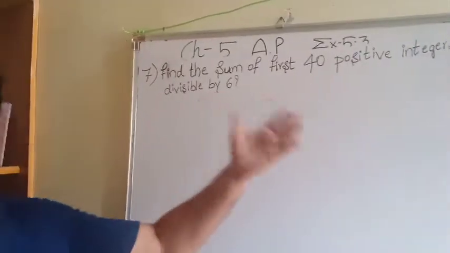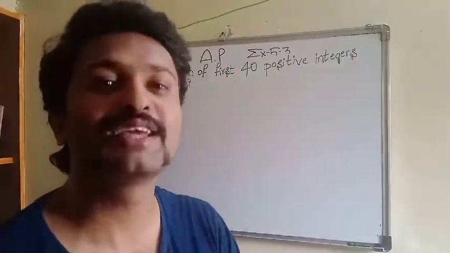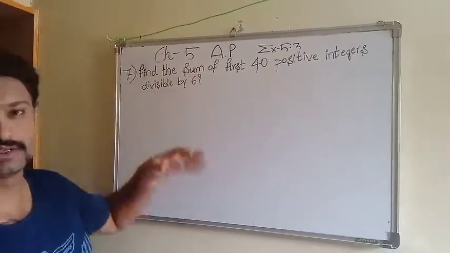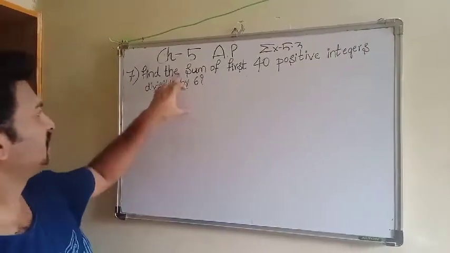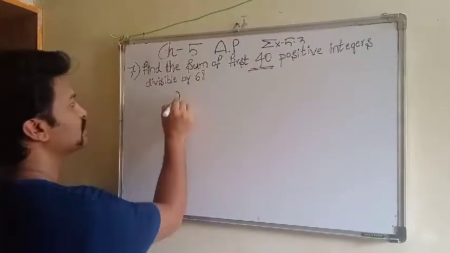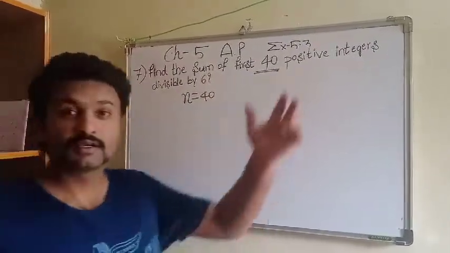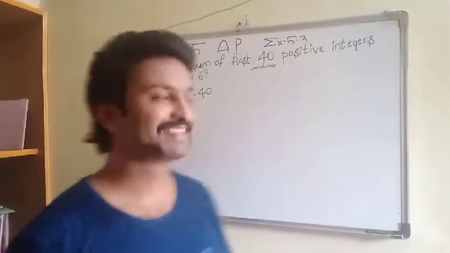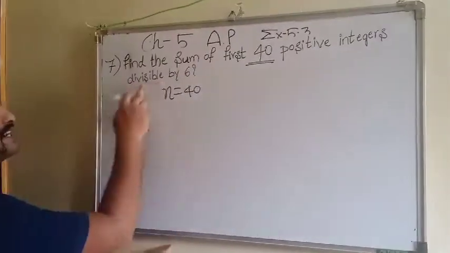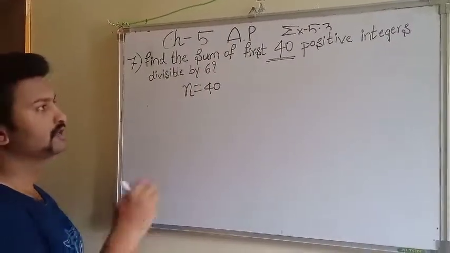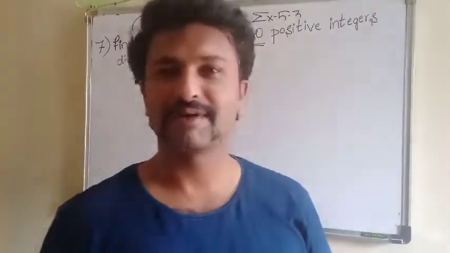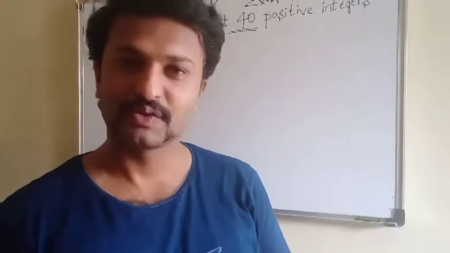Okay, one more problem, same type. Here is a word problem. It's a very silly question. What are they given? Find the sum of first 40 terms. Here also we have to find the sum only. n equals 40. I have to find the sum of 40 positive integers which are divisible by 6. Divisible by 6 means multiples of 6 only, and you write the AP.